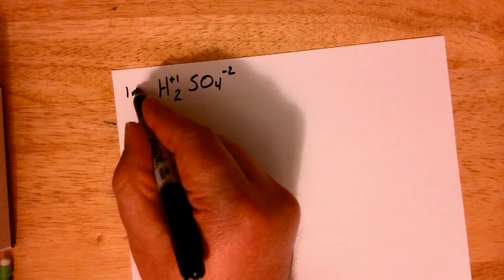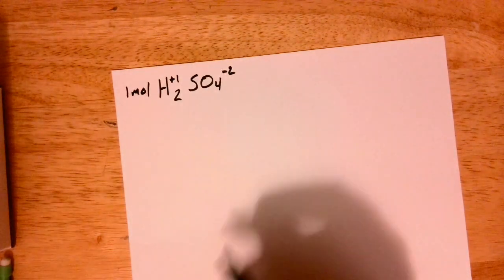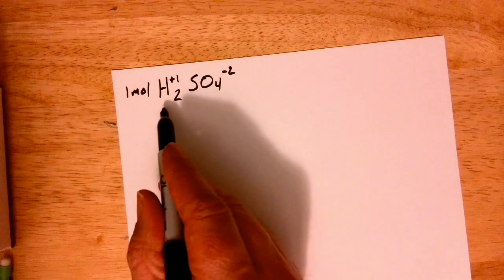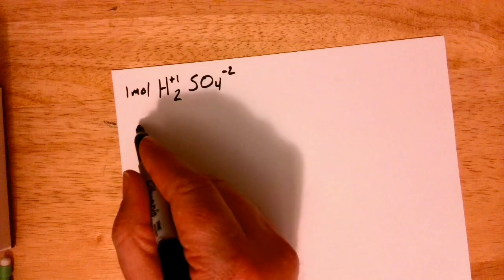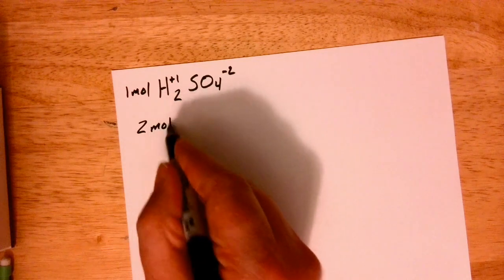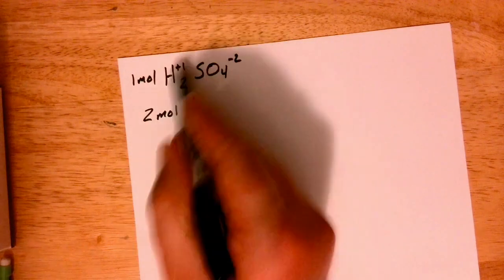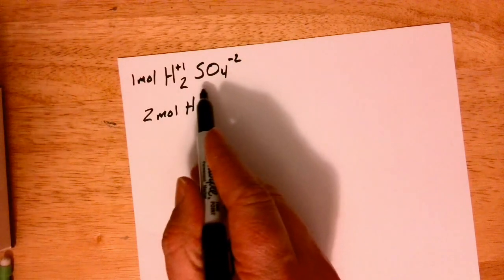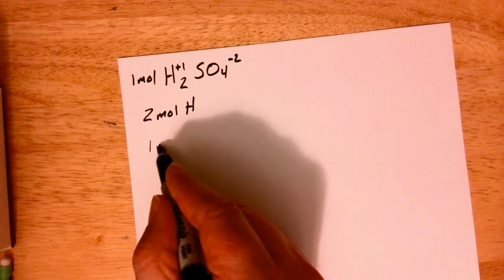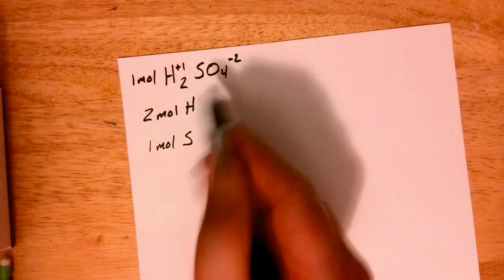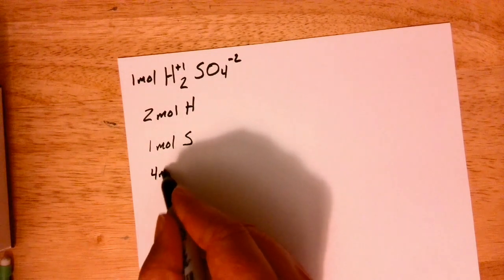Now if I have 1 mole of sulfuric acid, so for 1 mole of this whole thing, I'm going to have 2 moles of hydrogen. 1 mole of sulfuric acid, I'm going to have 1 mole of sulfur, and 4 moles of oxygen.